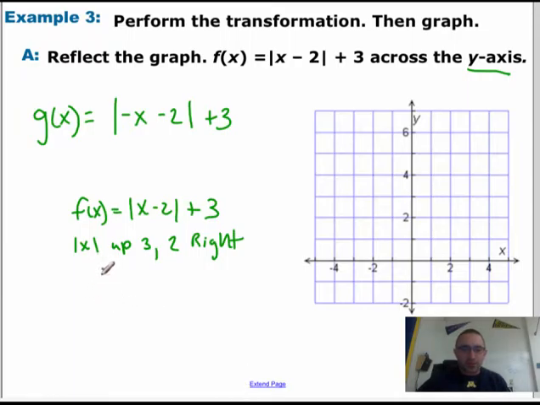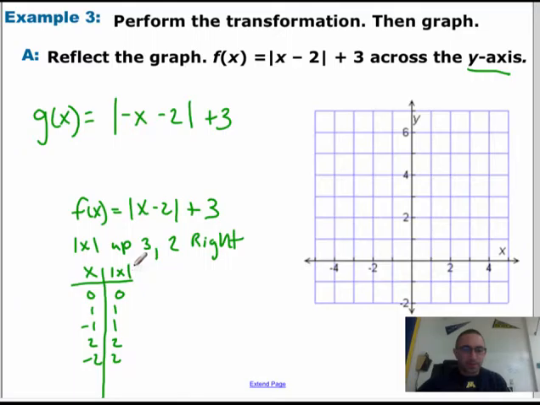One way that we can think about this, let's make a table of values. So if I think about my original absolute value function, we talked about (0, 0), (1, 1), (negative 1, 1), (2, 2), (negative 2, 2).